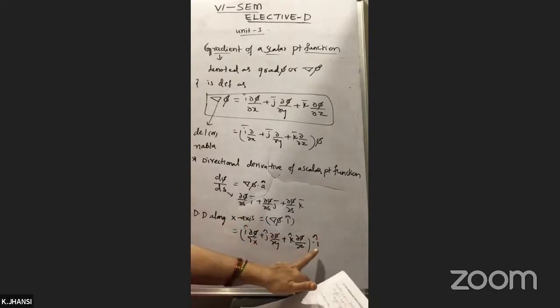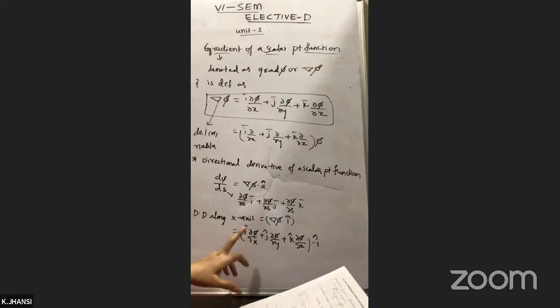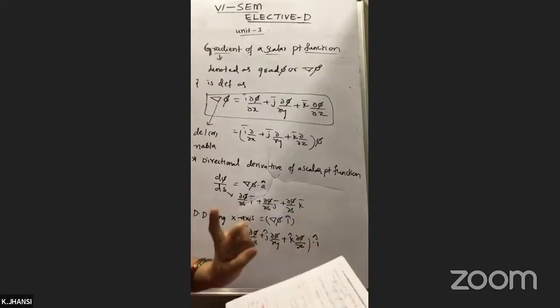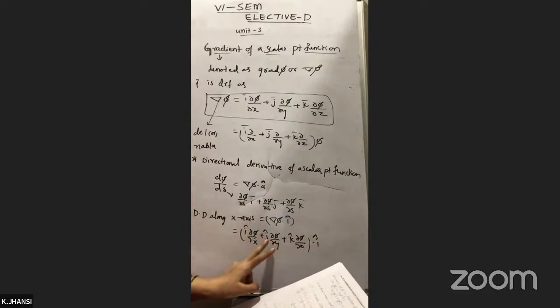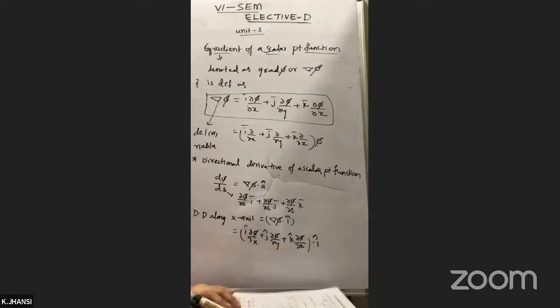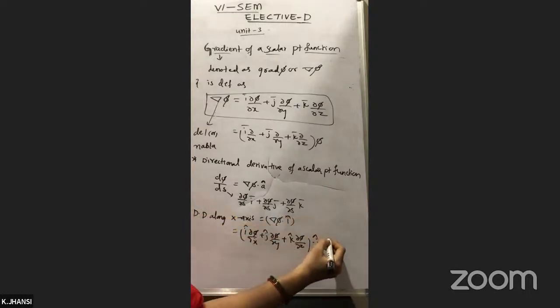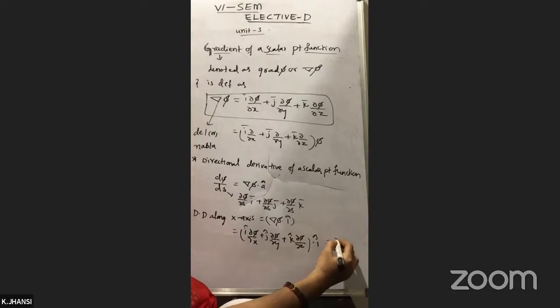Whenever you do the dot product, only i dot i will become 1, and the others, j and k, will become 0. Therefore along the x-axis it will be only dou phi by dou x.